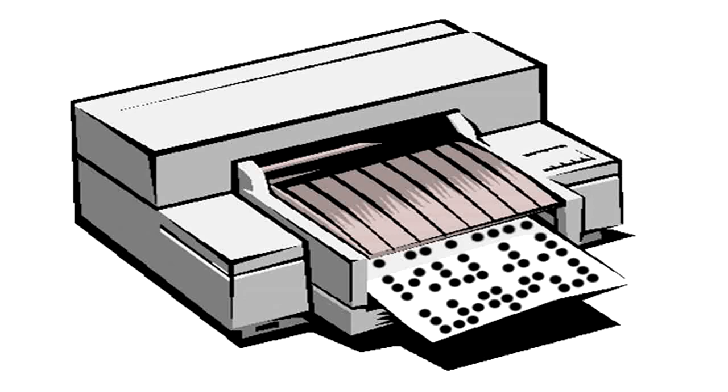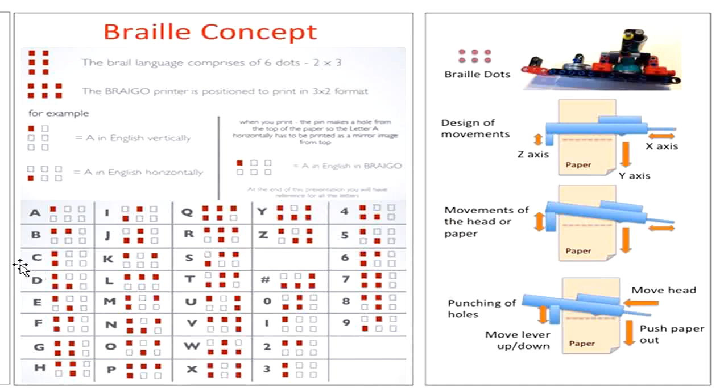In that Braille printer, it will print like dots. The blind people will read this. For example, you see here, each letter has its own Braille letters. Using this, the blind people will read these letters.